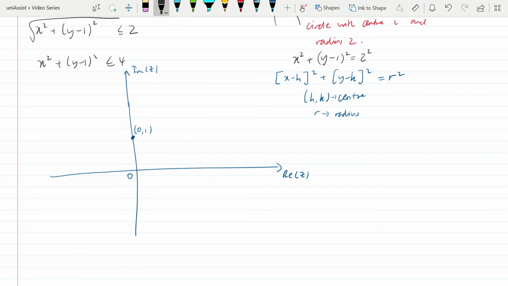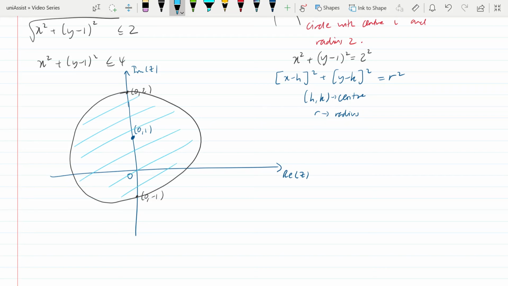My upper bound will be 0, 2, and here will be 0, minus 1, and it looks something like this, and it's described basically by the region inside. And I would label this as x squared plus (y minus 1) all squared less than or equal to 4.